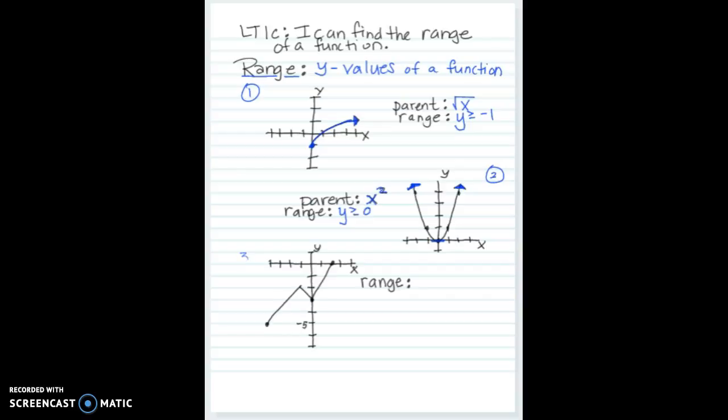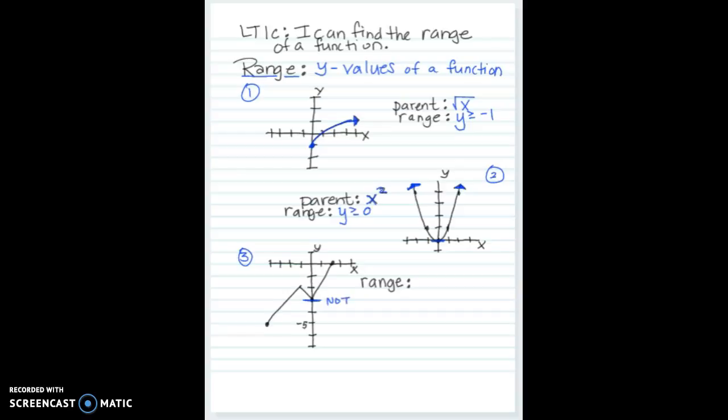Now on our last example, we have a different type of function. And again, we're looking for the range. Now the range is from the bottom to the top. When we look at this picture, we have to pay attention to where the bottom of this graph is. The bottom of this graph is not here.